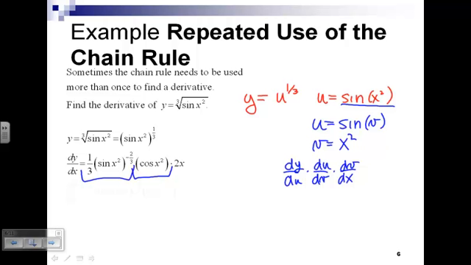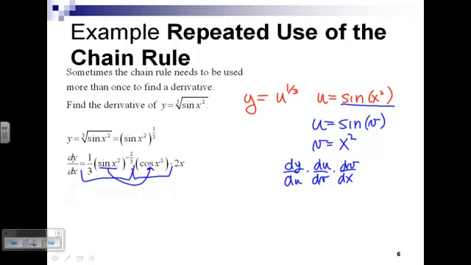So what you think about doing is you take the derivative of the outside, leave the inside the same. The next thing itself could be a composite function. Peel off another layer, take the derivative of the outside, leave its inside the same, and keep on doing it until you run out of composite functions. So the first function is 1/3 sine x squared to the negative 2/3, and then the derivative of sine is cosine of x squared.